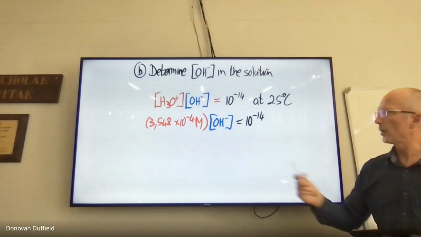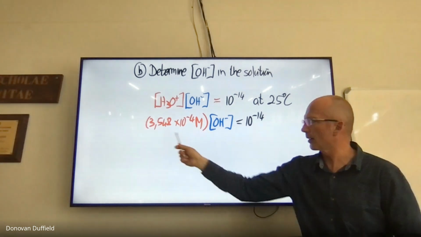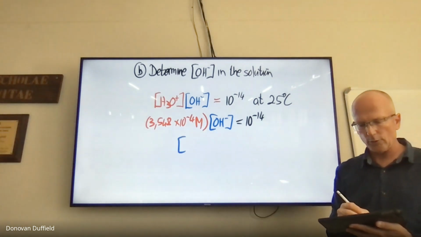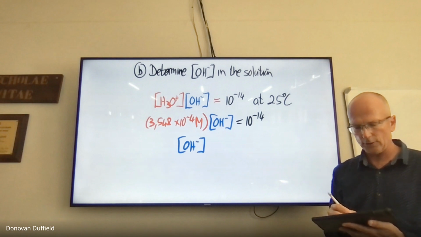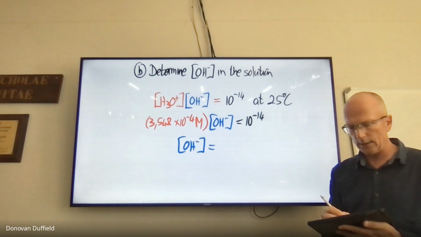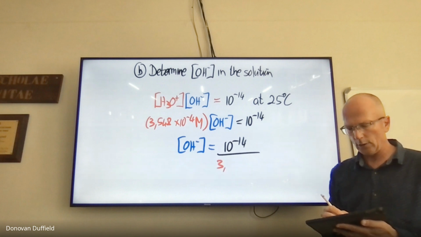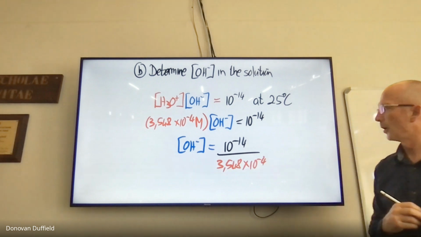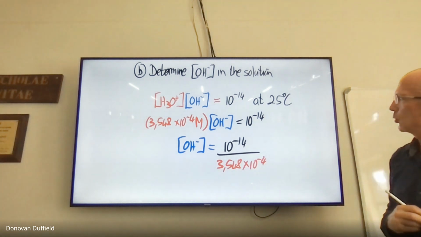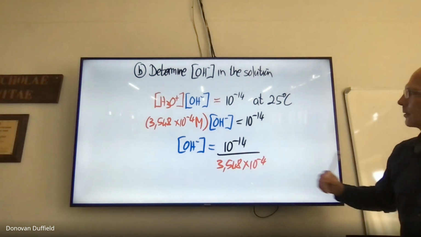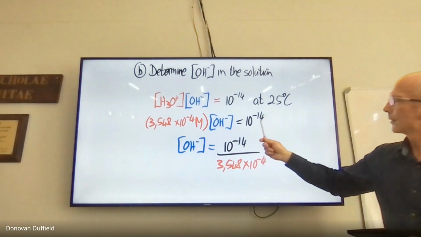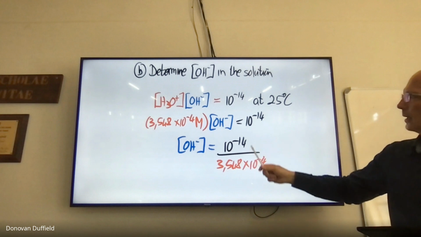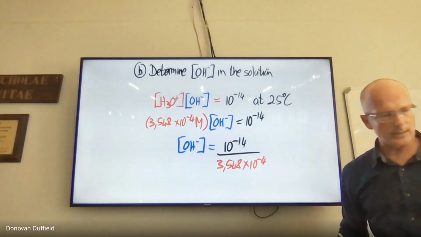So if I divide both sides by this, I get that the hydroxide ion concentration is 10 to the negative 14 over 3.548 times 10 to the negative 4 mole per cubic decimeter. So now, 10 to the negative 14 divided by this, what does that give us?